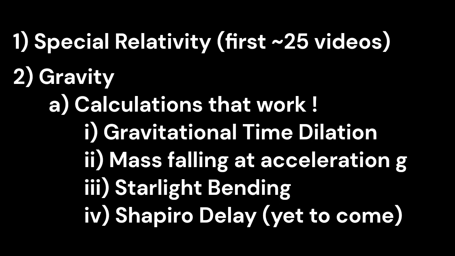Gravitational time dilation, why and how mass falls at an acceleration g, correct calculation of starlight bending, and another calculation yet to come on Shapiro delay. That's going to be bouncing a radio signal off of Venus and seeing that time of return is delayed when Venus is almost aligned with the sun, such that the gravity of the sun slows that signal down.